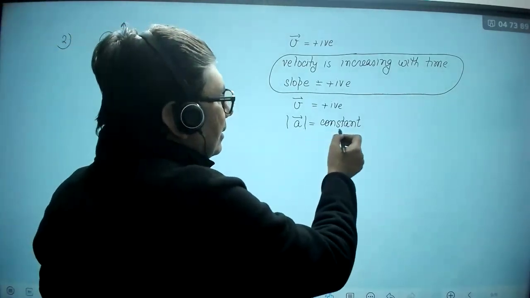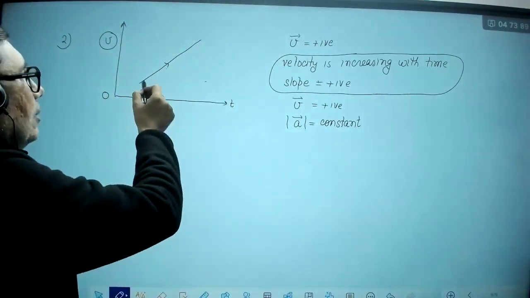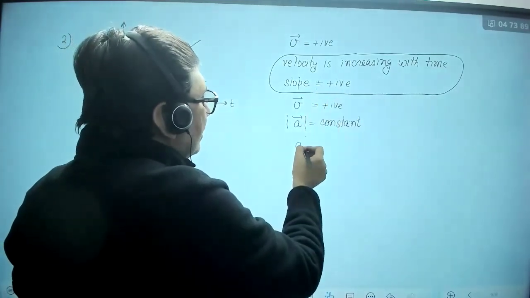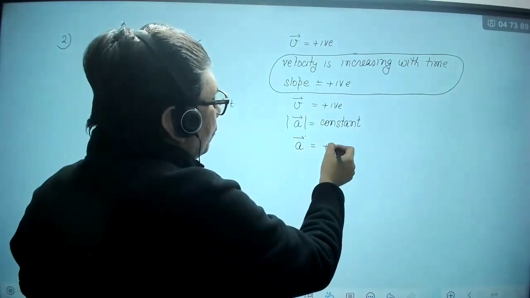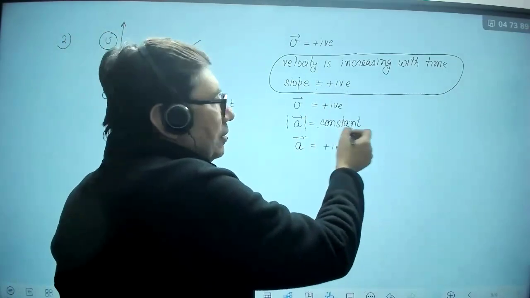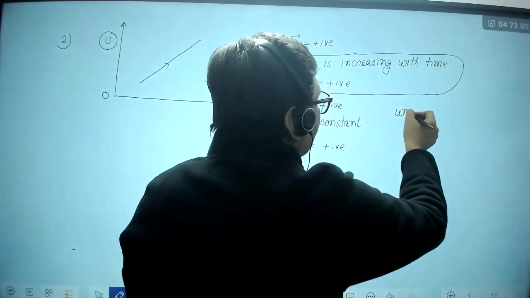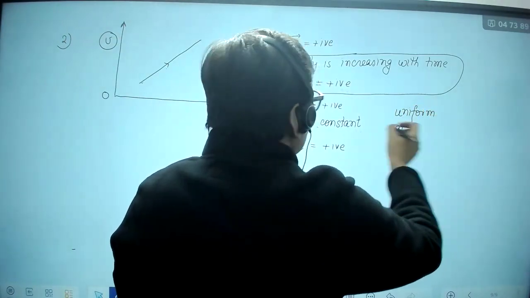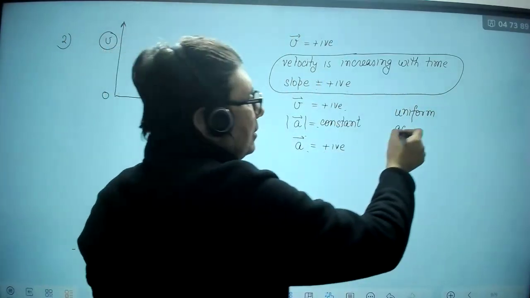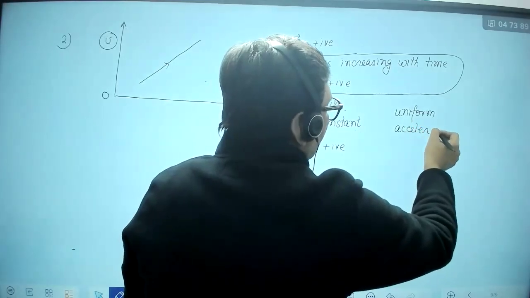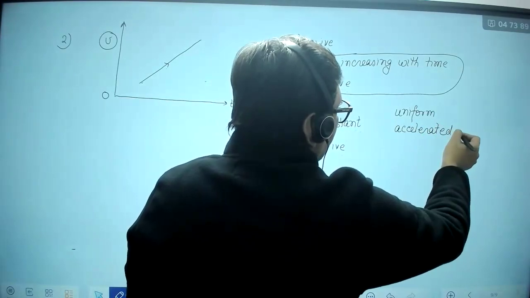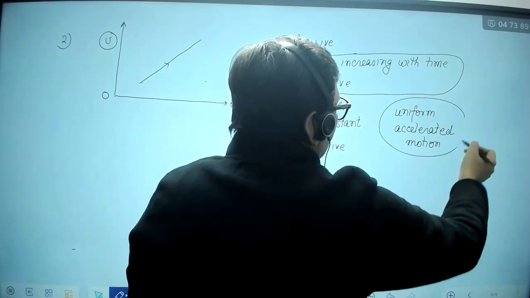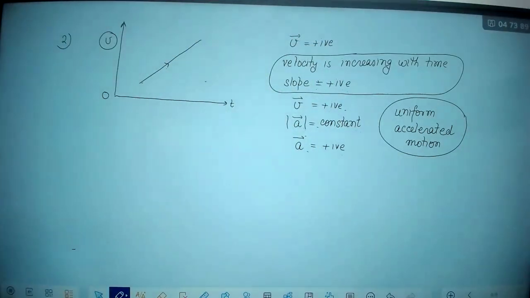As the student was saying, the slope is constant, so acceleration is constant. But the slope is also positive, so acceleration is also positive. Because V is positive, A is positive, and it is constant, this will be uniformly accelerated motion.